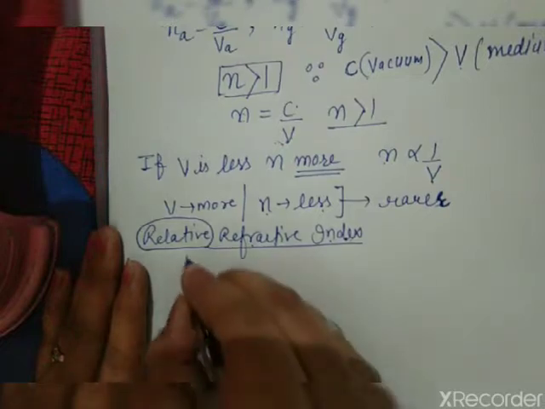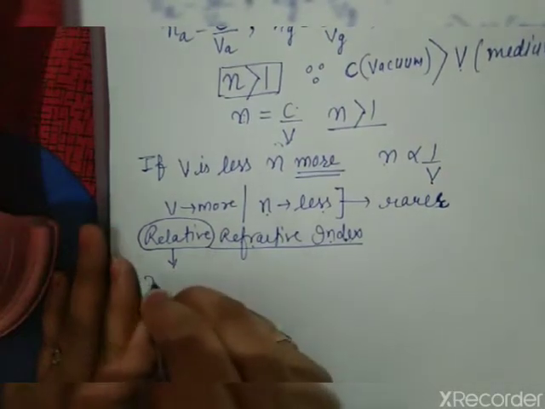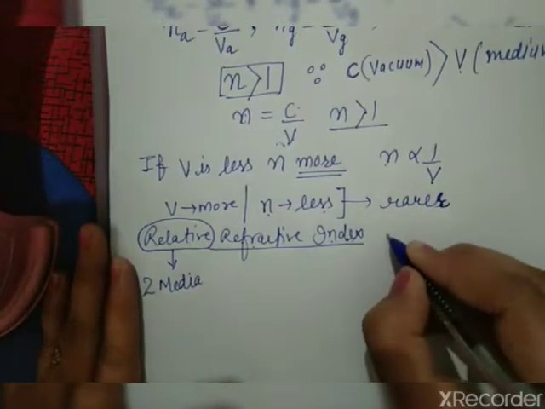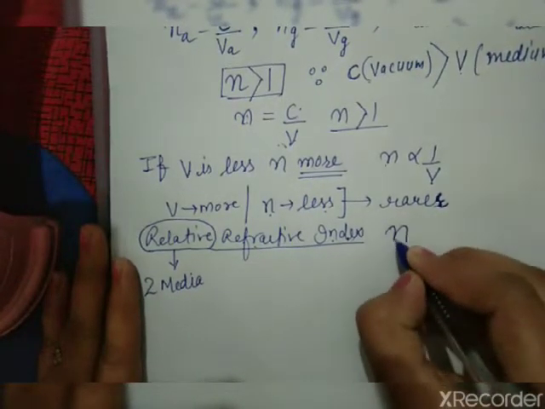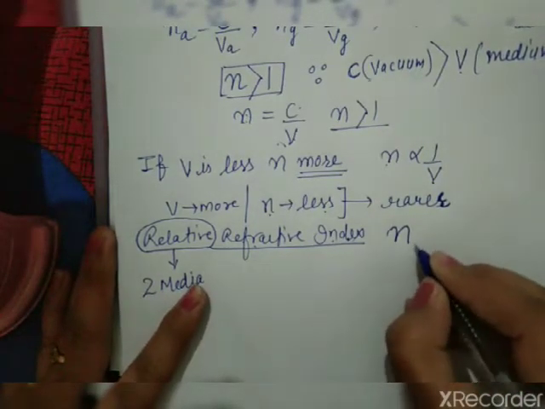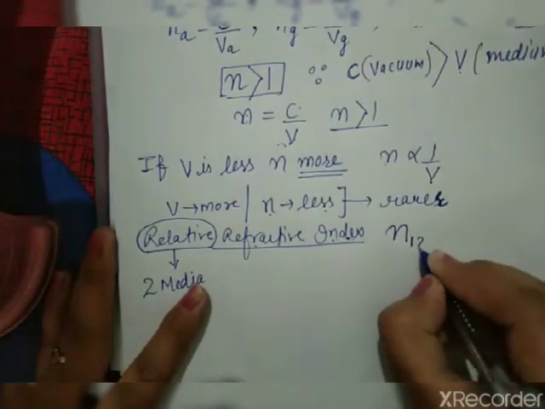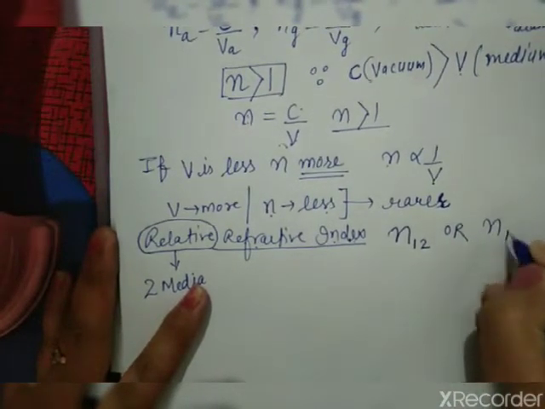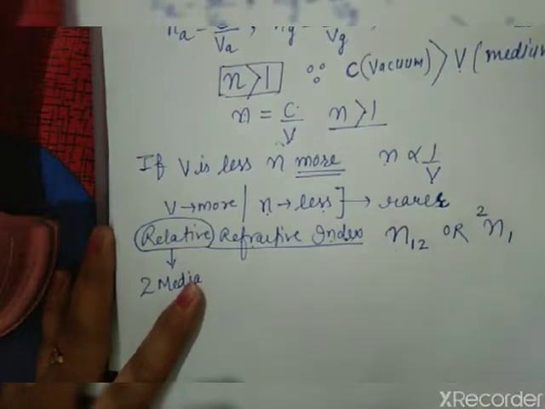Relative refractive index means in this we will compare two different media. Instead of representing it simply by n, we represent it by n12 or n1,2. Both have the same meaning.